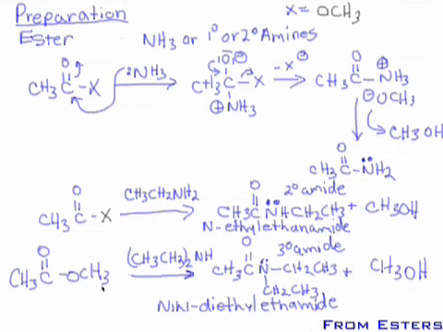All right. So we can make amides from reaction of any of the carboxylic acid derivatives that are more reactive than amides, that have better leaving groups, and that includes acid halides, anhydrides, and esters.